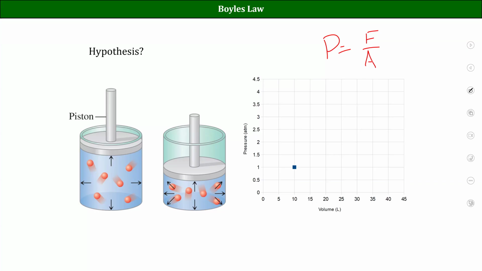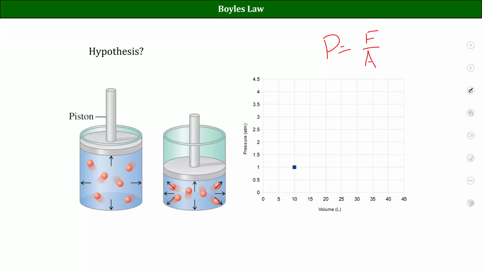So if we cut our volume in half, there's a slightly different relationship between volume and surface area, but essentially we're going to cut our surface area in half as well. We can make that assumption. So if we cut the surface area in half and keep the force the same, what should happen to the pressure?